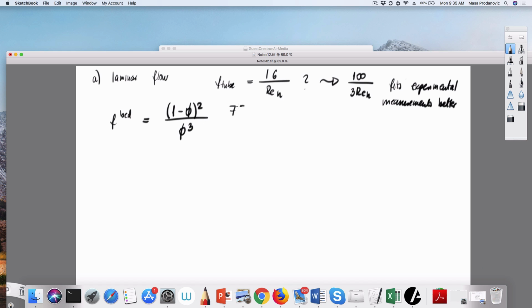And there is a 75 over, and there is dp rho v0 divided by mu here. Fits experimental measurements better.